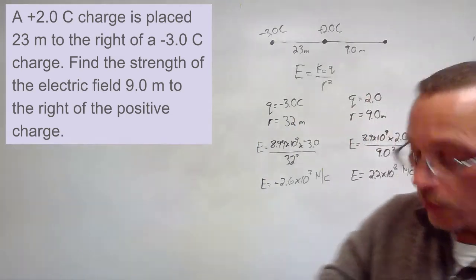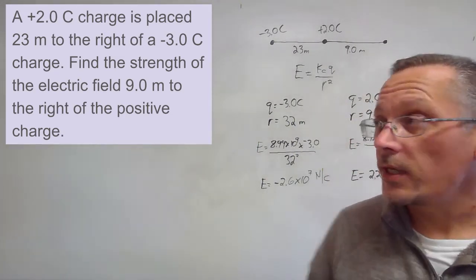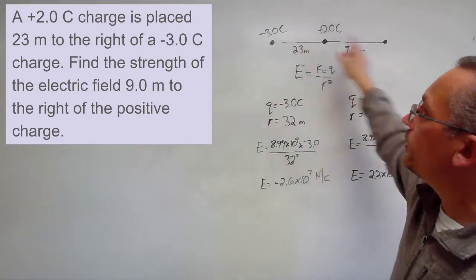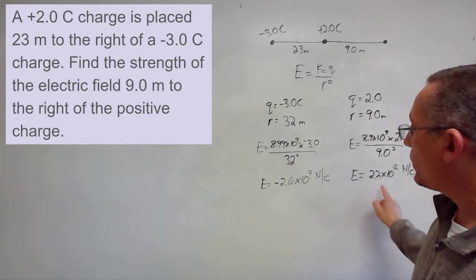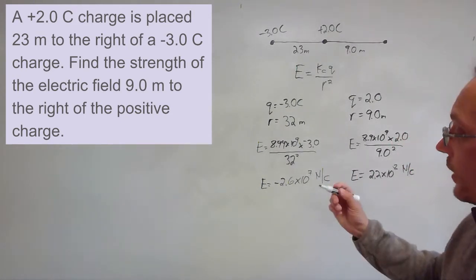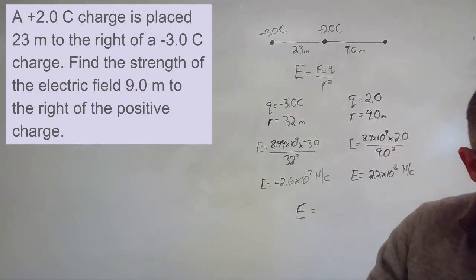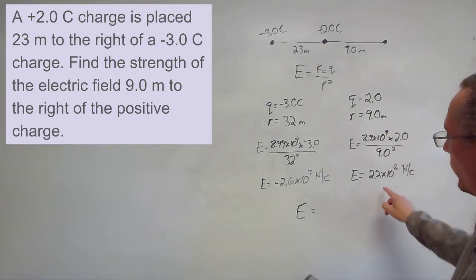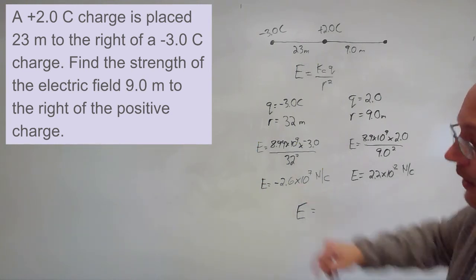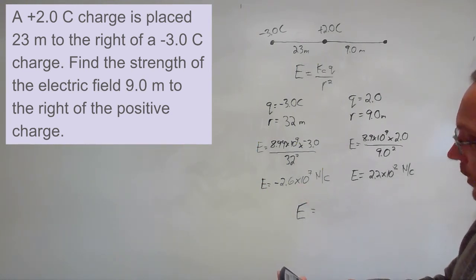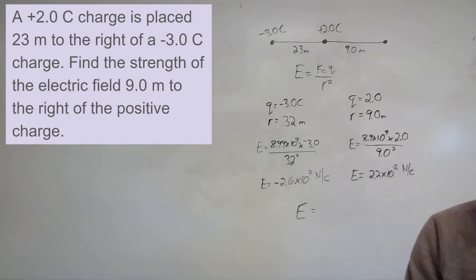Now, we're dealing with a point that is not between the two charges. So we said if the point is not between the two charges, then we're going to add the two fields together. Let's add these two electric fields to get the total electric field here. I'm going to take 2.2 times 10 to the 8th plus negative 2.6 times 10 to the 7th.